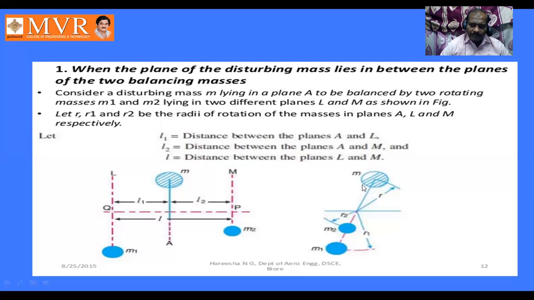This is m at distance r from the center. This is m2 at r2 distance. m1 is at r1 distance. Like this, it will vary. Here the parameters are L, r and m.